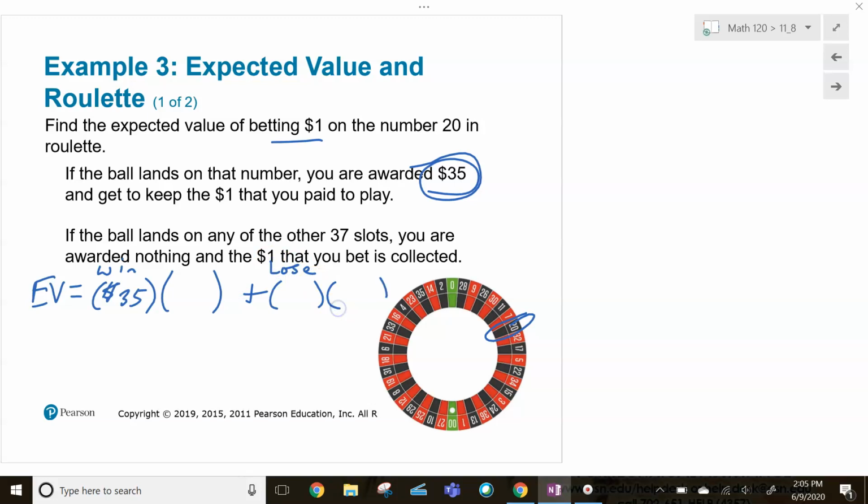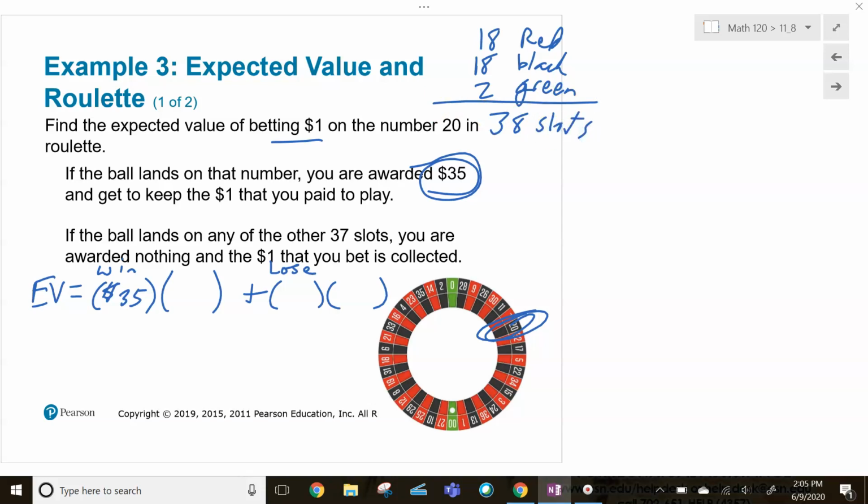That's our other outcome. That multiplied by its probability. What's the probability of winning, right? We got to hit this number 20. How many numbers are there? If you remember, there's 18 red slots, there's 18 black slots, and there's 2 green slots. So there's 38 slots total.